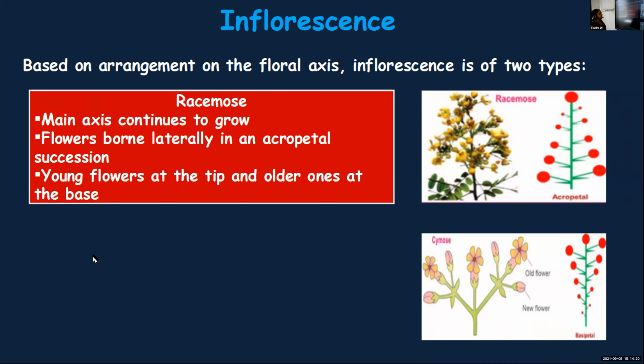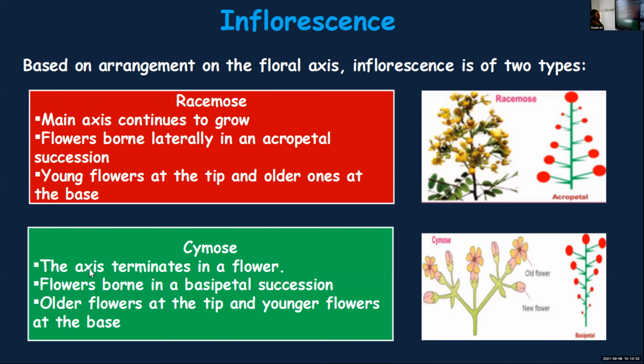Whereas in cymose inflorescence, see the next one, you can find that older flowers are at the tip, younger flowers are at the base. The main axis terminates in a flower. Flowers are borne in a basipetal succession, meaning older flowers are found at the tip, younger flowers are at the base.